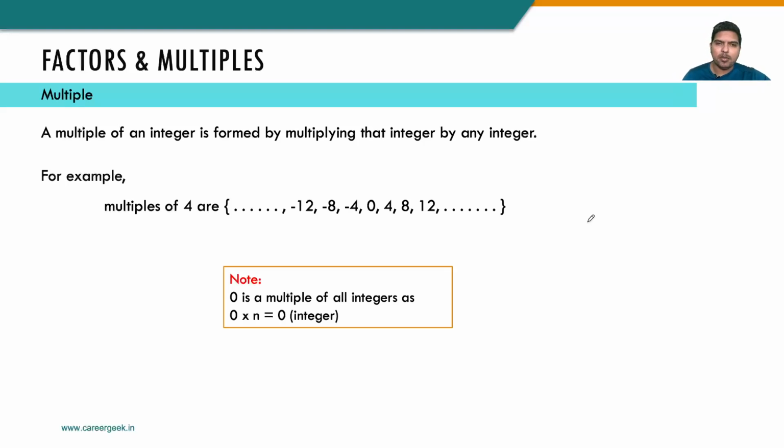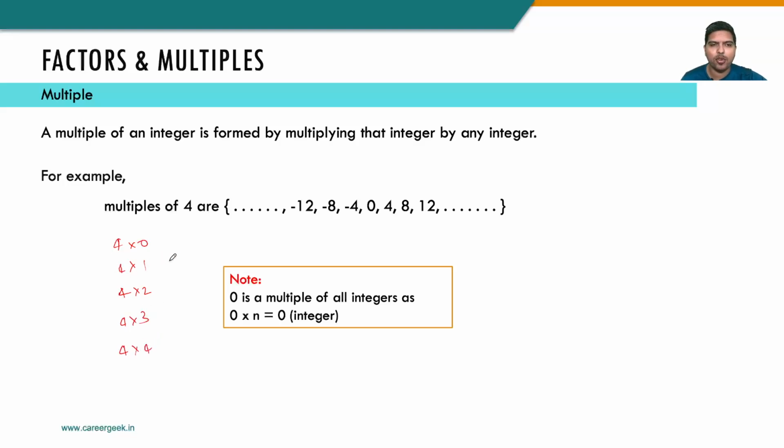Now, what is a multiple? Multiples are quite straightforward. They are basically the tables, right? So multiples of 4 are 4, 8, 12, 0. So you multiply 4 with any number. All of these are multiples of 4, right?